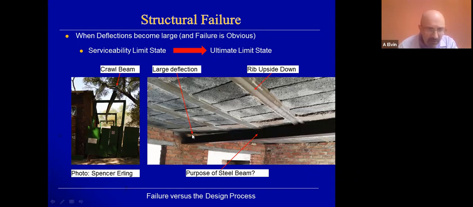You can see the amount of deflection by this gap. Can you see this gap? This is a steel beam, and we don't know what the purpose of the steel beam is. The beam looks completely out of place and completely useless for this entire span, because maybe it solves this problem, but next door problem it does not solve. So this is excessive deflections where we start to flip from serviceability to ultimate limit state.